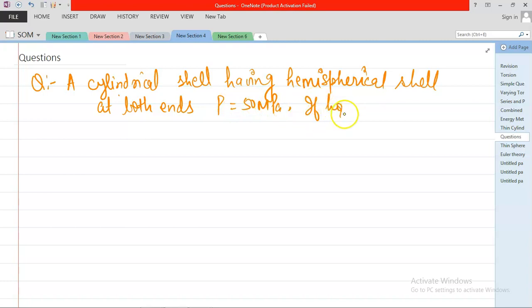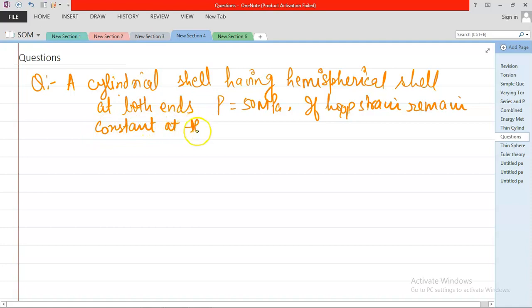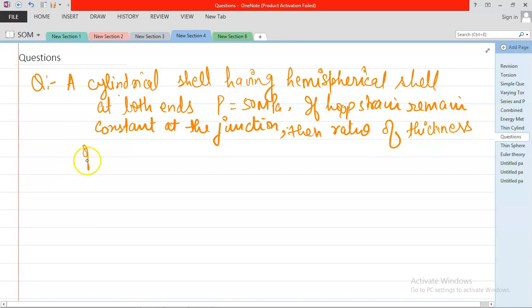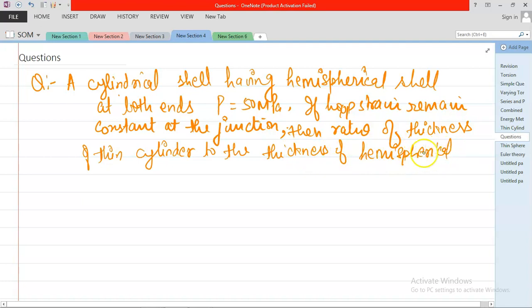If hoop strain remains constant at the junction, then find the ratio of thickness of the thin cylinder to the thickness of the hemispherical ends.